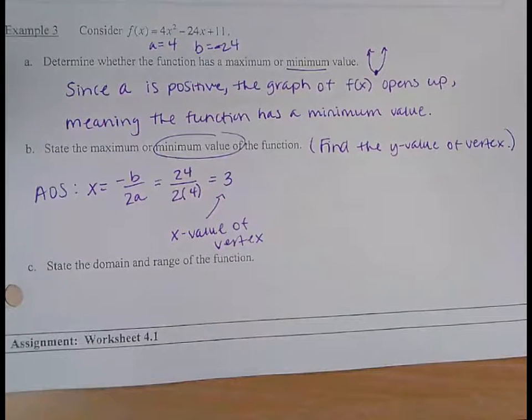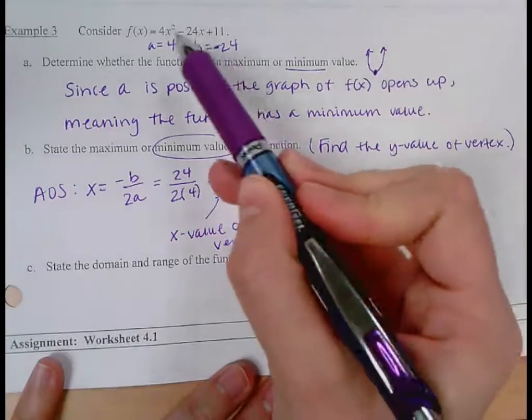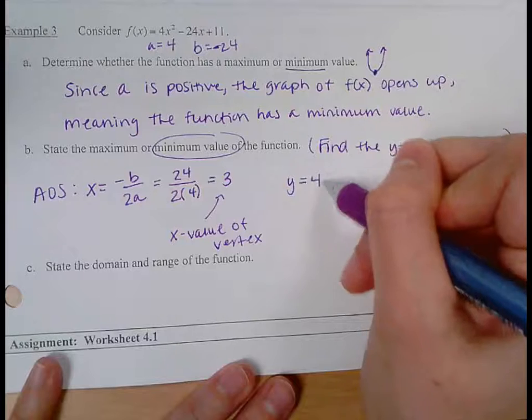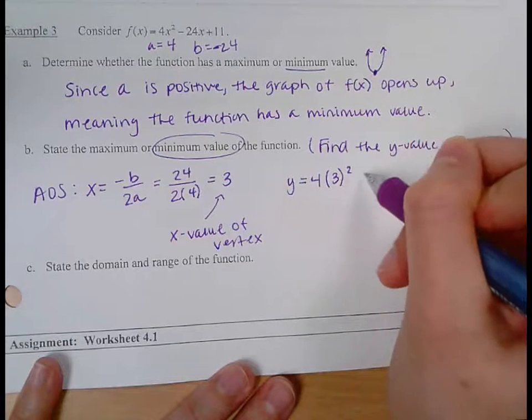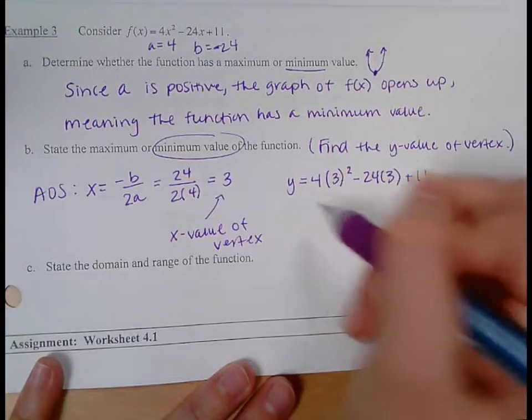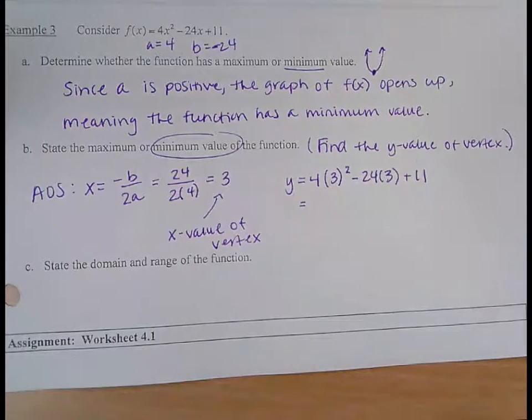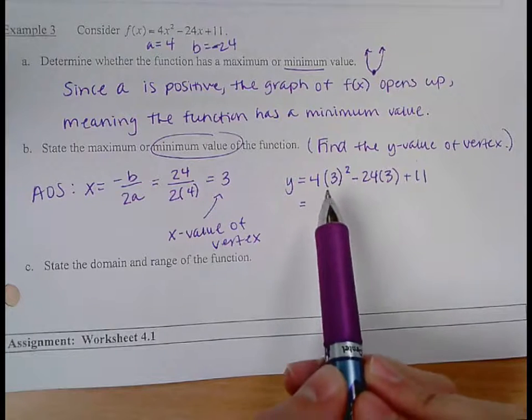And if we know the x value, we can substitute it into the function to find the y value. So the y value is going to be, if I substitute it in, 4 times 3 squared minus 24 times 3 plus 11. So here again, if you're just typing it in your calculator, that's fine. Just make sure you're typing it in correctly. Otherwise, make sure you're following order of operations.